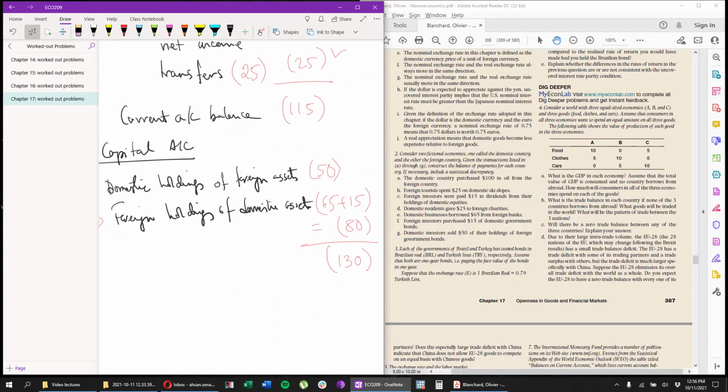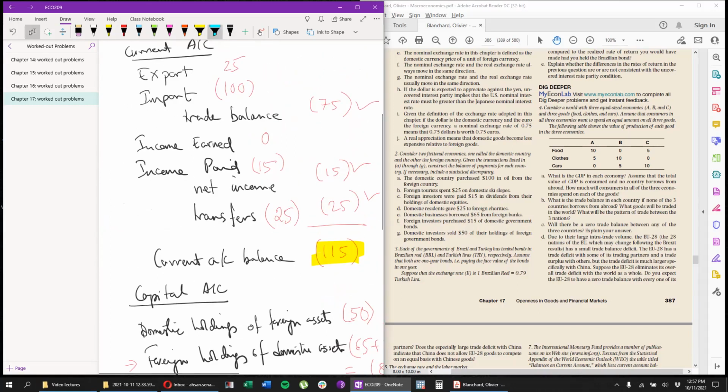It's unlikely that these figures will match up. So there's a statistical discrepancy of how much? Of 15. And when we do that, we get 115. And so this figure and this figure match up.